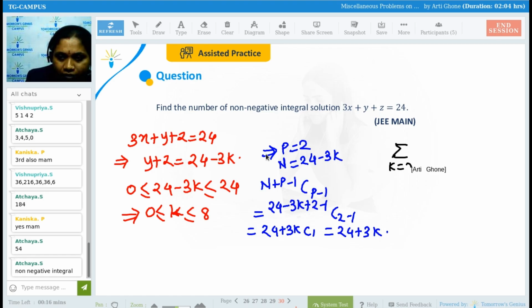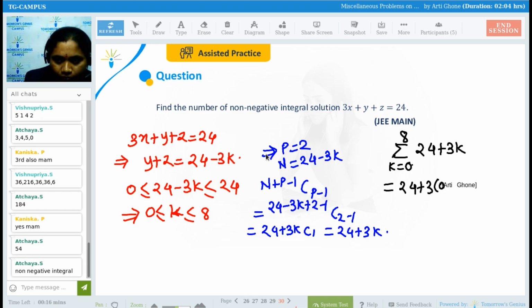The summation of k is running from 0 to 8, of 24 plus 3k. Okay, clear? So it is 24 plus 3 into 0, plus the summation of k running from 1 to 8 of 24 plus 3k.